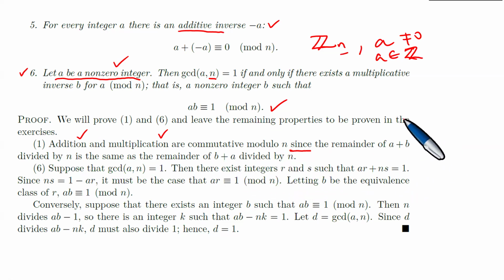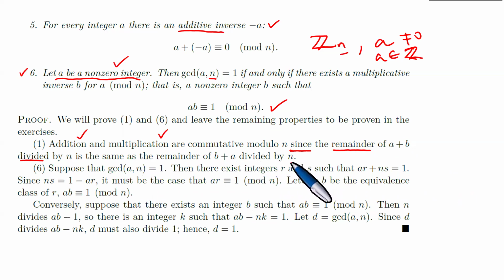The strength of the proof is about remainders. So addition and multiplication are commutative modulo n, and we have that.